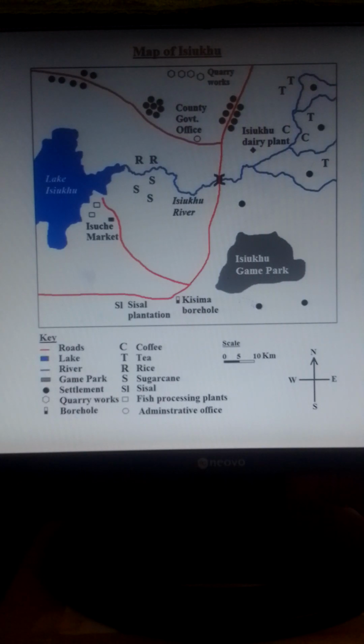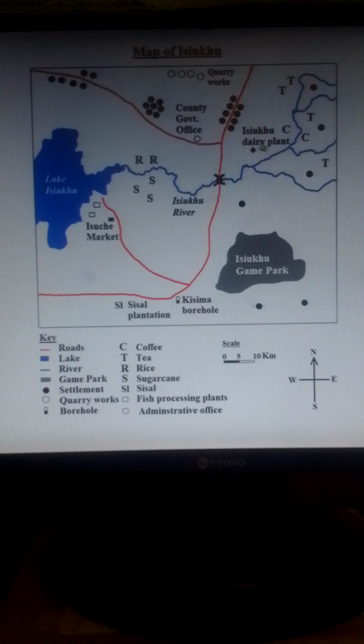Number 3, livestock farming. Livestock farming can be indicated on a map by cattle dips, cattle ranches, meat and milk processing factories. Now if we look at this map, we find that there is a dairy plant here.